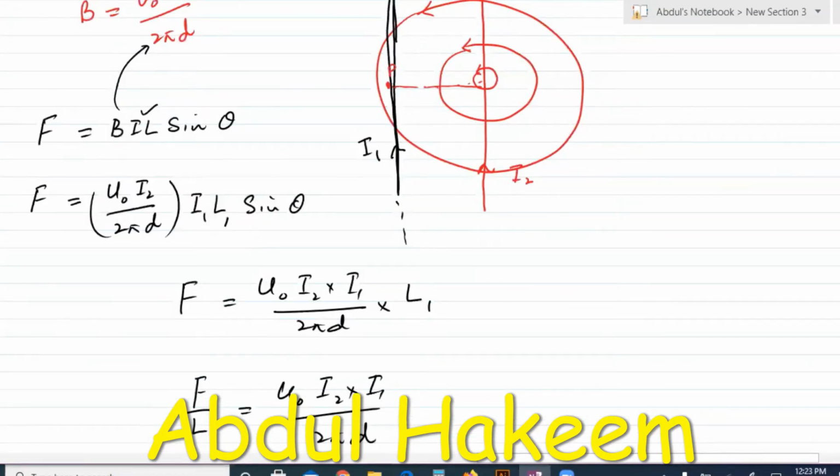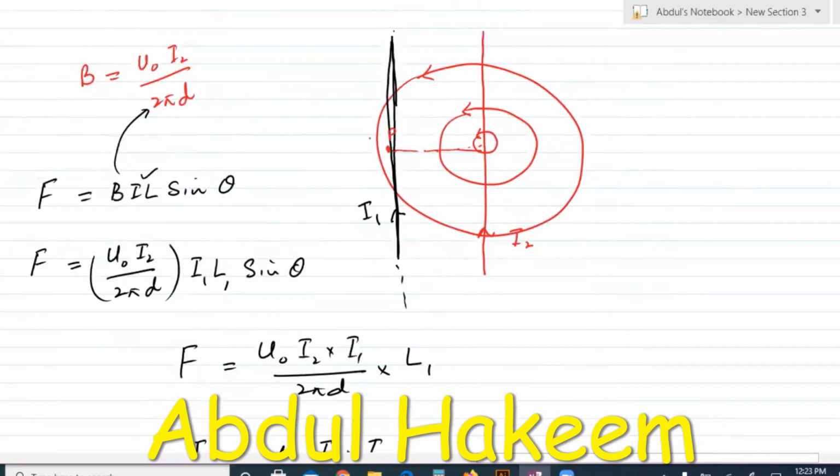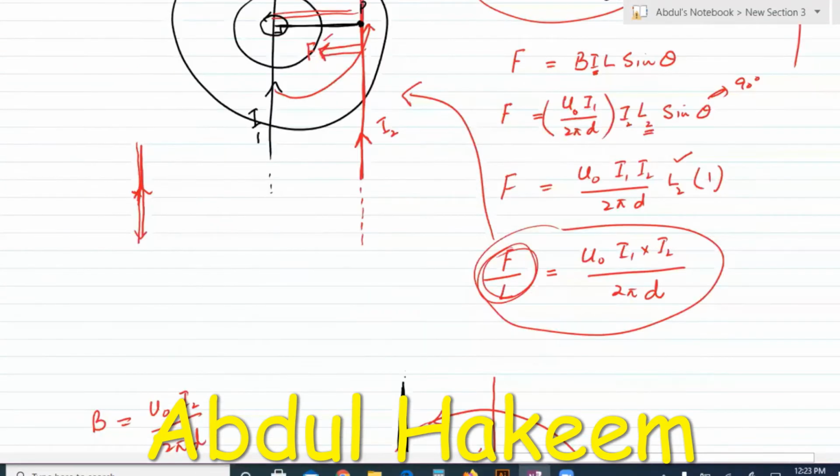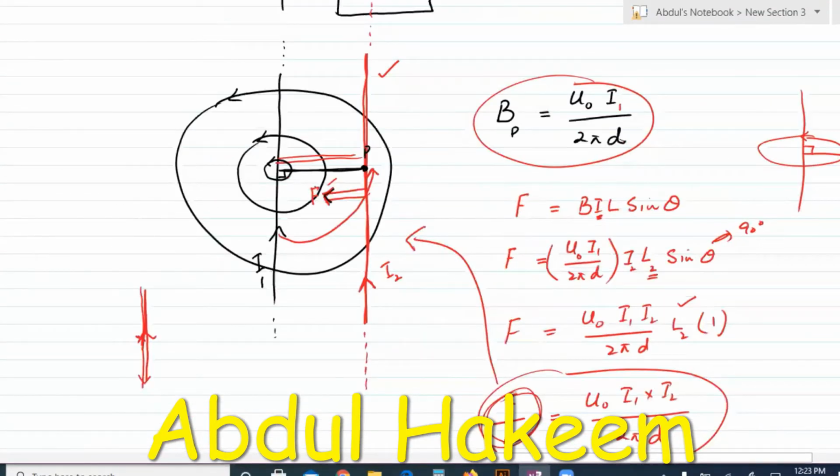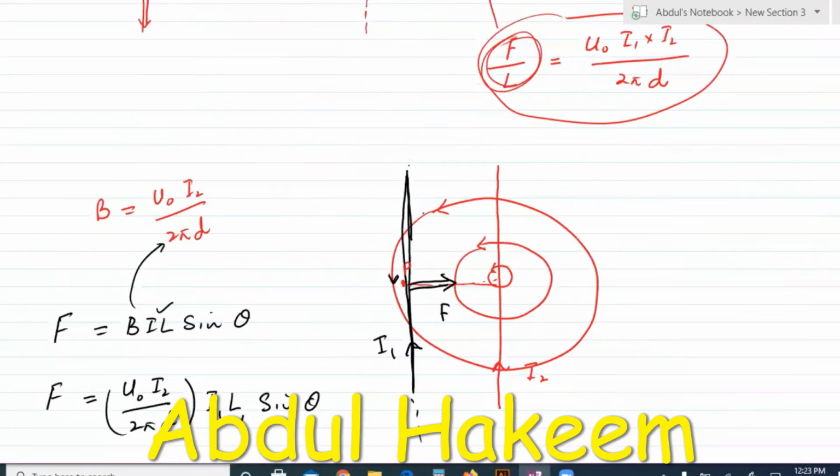Now the direction, look, here this field is in this direction, current is upward. So according to Fleming's left-hand rule, the force experienced by this black wire is in this direction. So red is experiencing force towards the left, and the left wire is experiencing force towards the right.